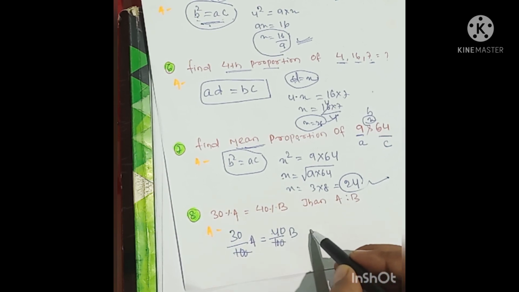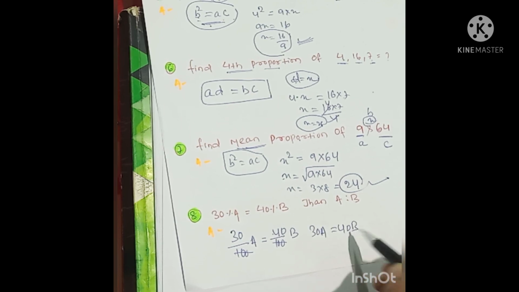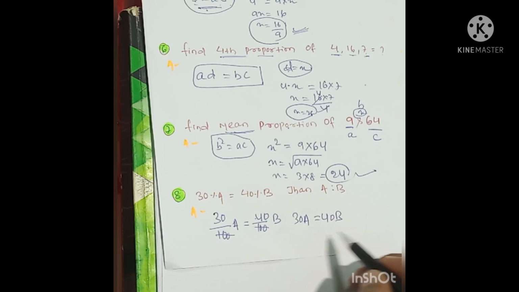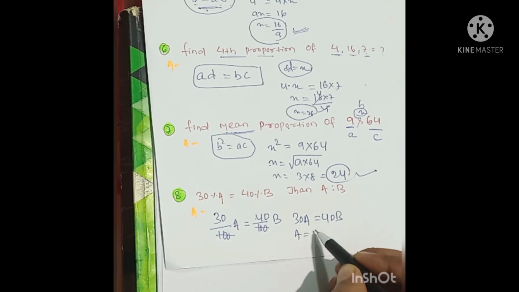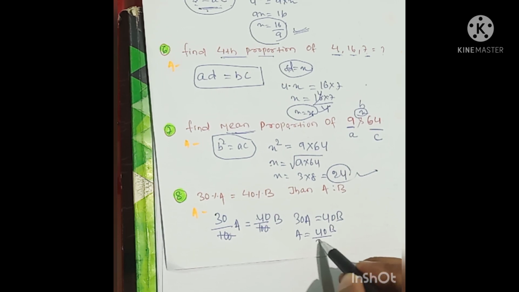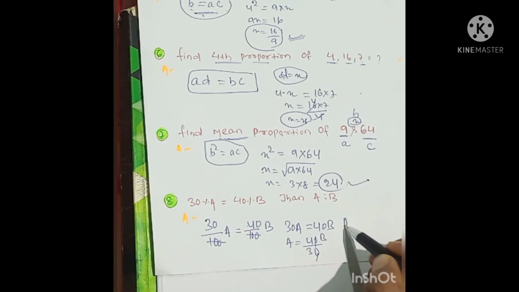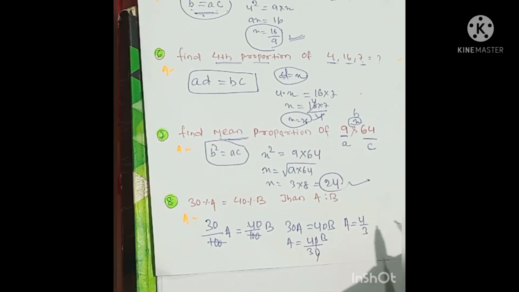Now we have 30a equal to 40b. So what will you do? a equal to 40b by 30. Now cancel the 0. So we get a equal to 4 by 3 b.